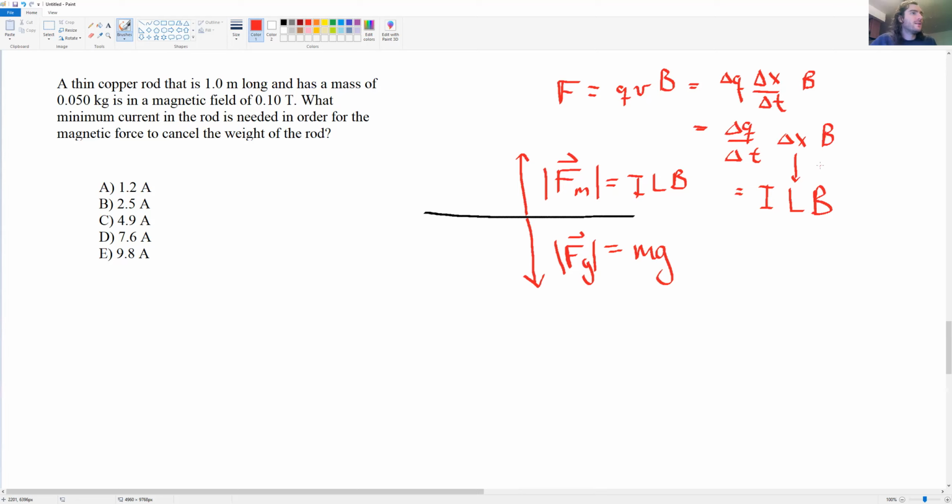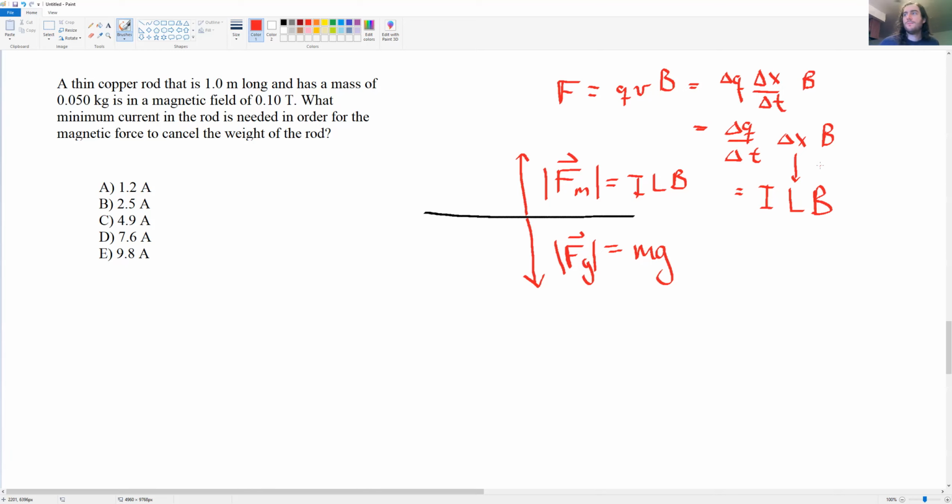We did the rigorous derivation once before. This is maybe an easier way to remember the formula. Just write V as delta x over delta t, move the delta t over to the q, so you have delta q over delta t, that's I. Replace delta x with L, the length of the rod.